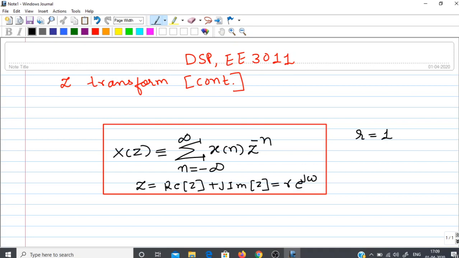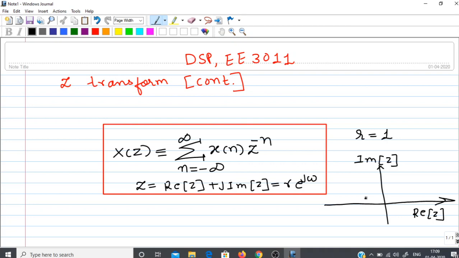This z is complex, so let me draw this complex plane. Here the x-axis is the real part of z and the vertical axis is the imaginary part of z. So this is called the z plane.